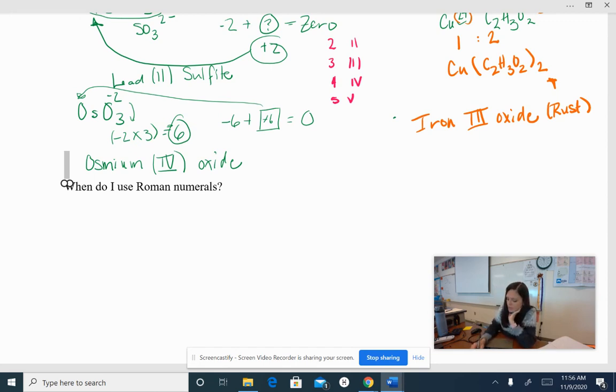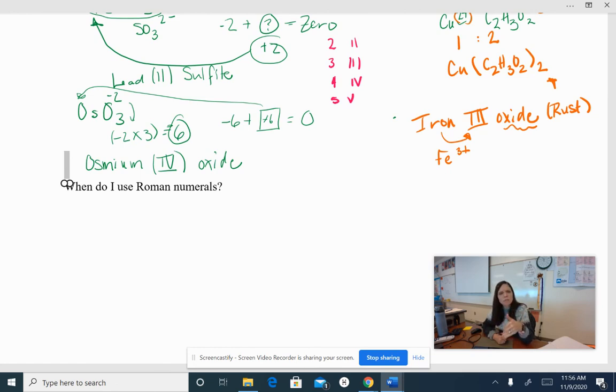So we know that the iron is a positive 3 because of that Roman numeral 3. Remember, the Roman numerals tell us the charge of the metal when we have a transition metal. So we know that we have iron plus 3. Now, oxide. Oxide isn't any element that I remember, but it ends in "ide."